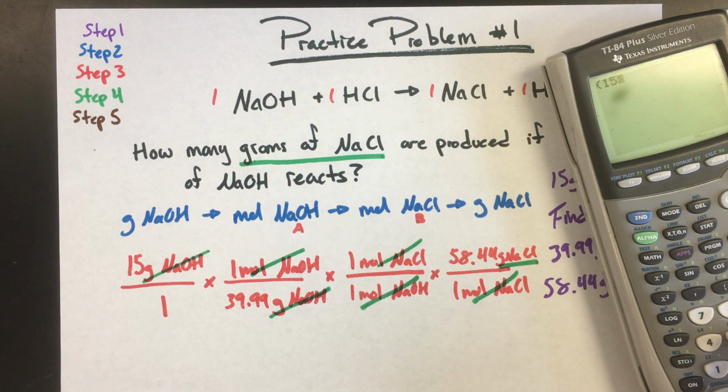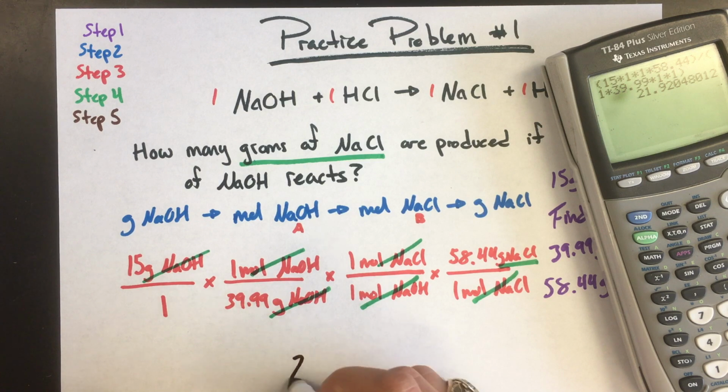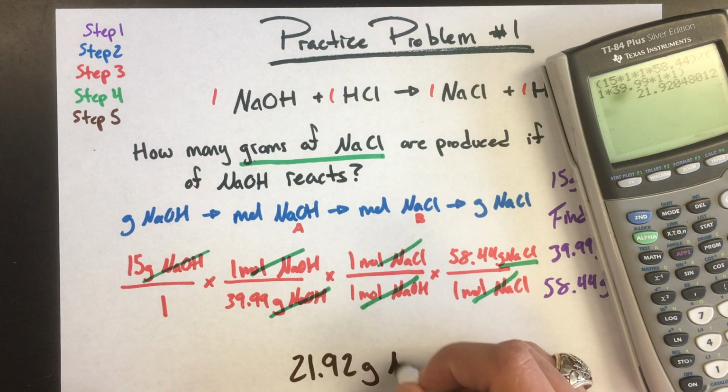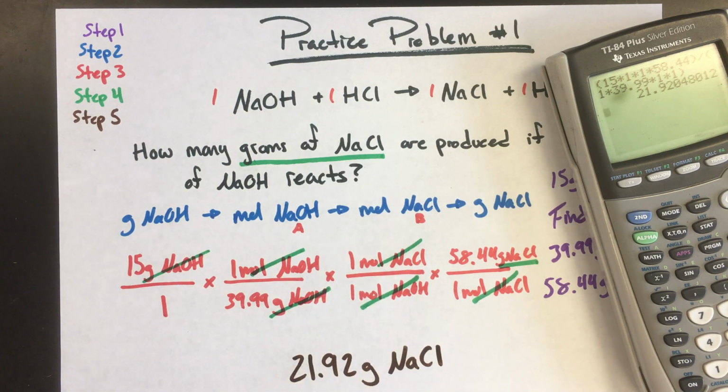So this is 15 times 1 times 1 times 58.44 divided by 1 times 39.99 times 1 times 1. Leaving us with 21.992 grams of sodium chloride produced. And that is our answer.